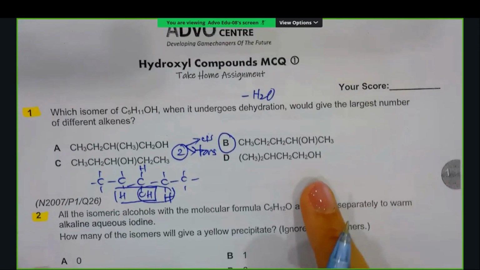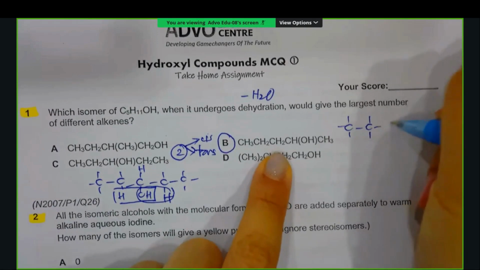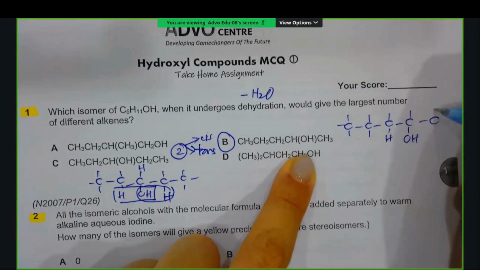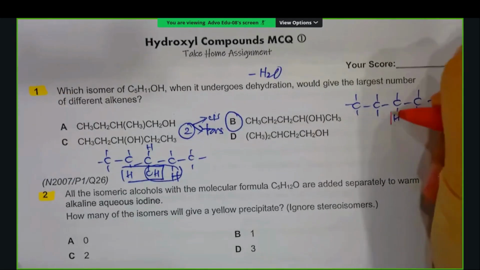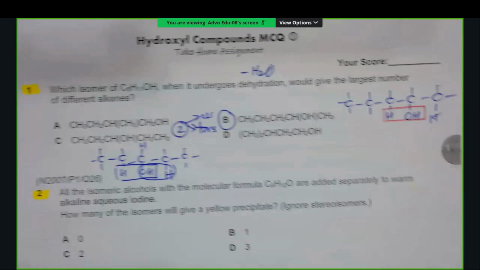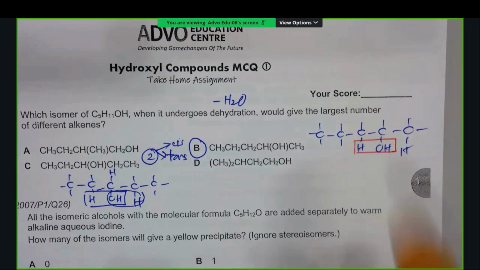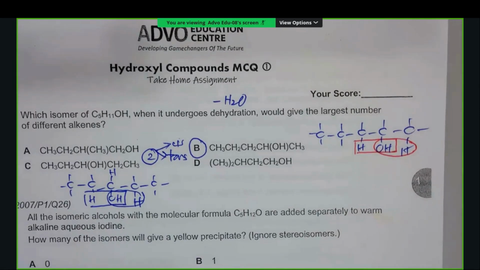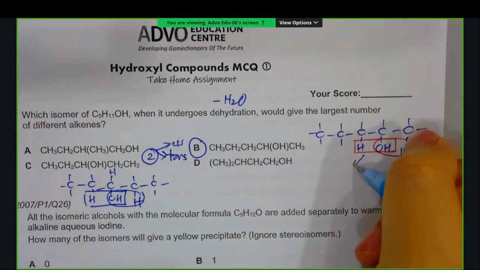Now, why is it B if you draw this out? There is a difference depending on where you remove the water. If I remove the H or OH that I boxed up, my double bond will be between the second and the third carbon. But if I remove at the terminal end here, my double bond is between the first and the second carbon. The second one here will result in cis and trans.